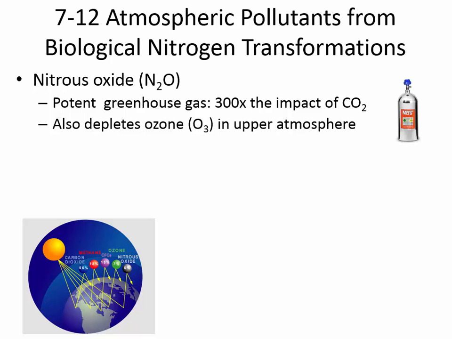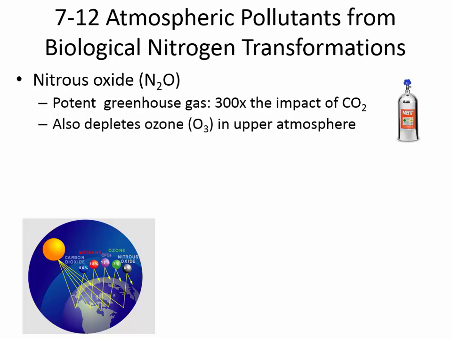But methane is even more effective at insulating outgoing radiation than carbon dioxide is, and nitrous oxide is 300 times more efficient at reflecting outgoing solar radiation back towards the Earth again.